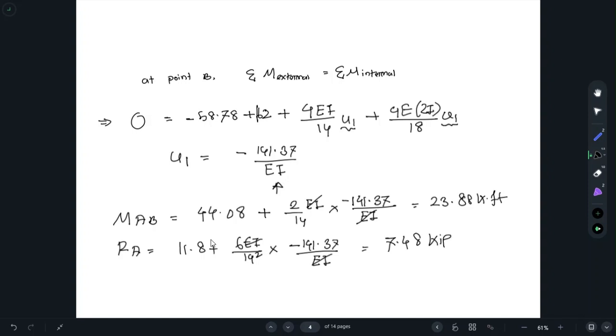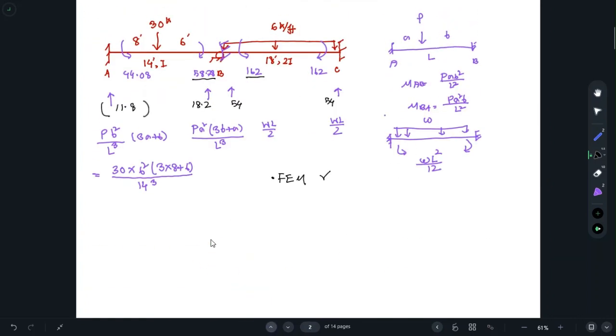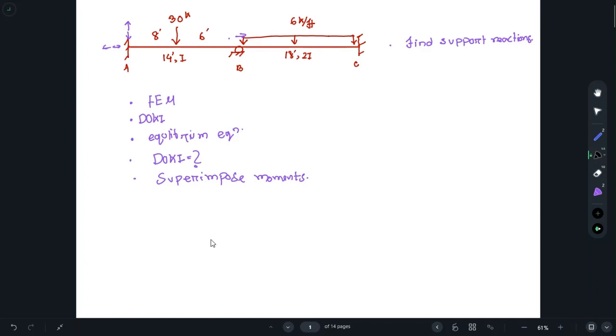So you can find the moments and reactions for all the points, just by superimposing the moments for Doki and the moments for the fixed end moments. So this is how you do the maths. I will do a little bit of revision of it.